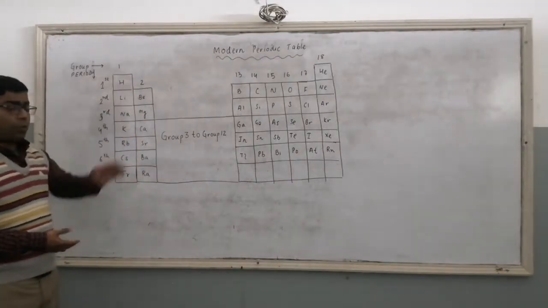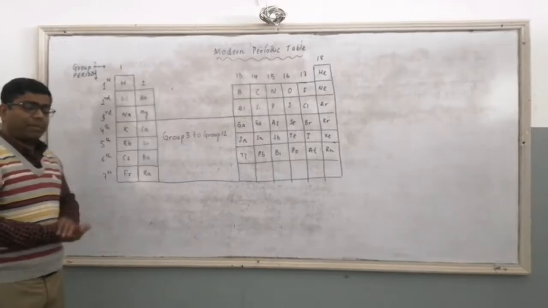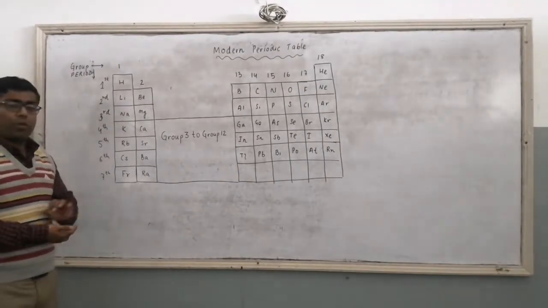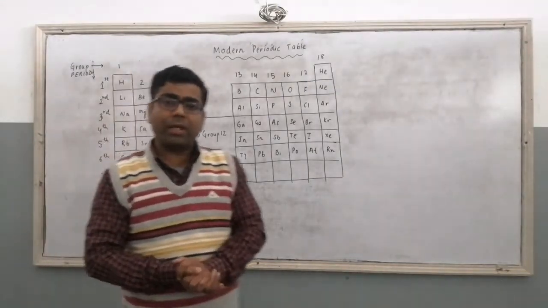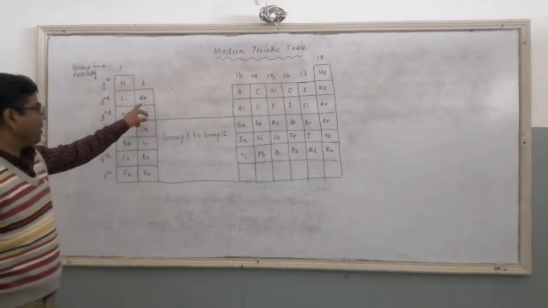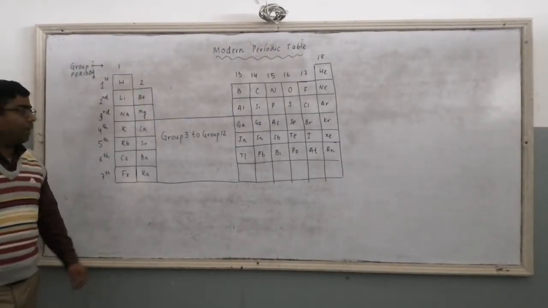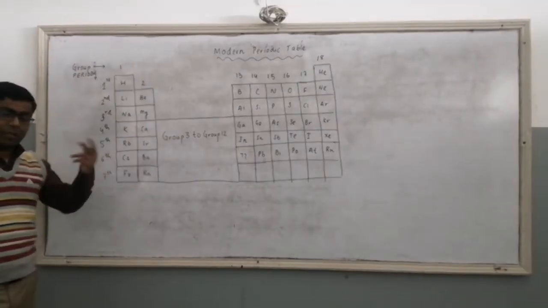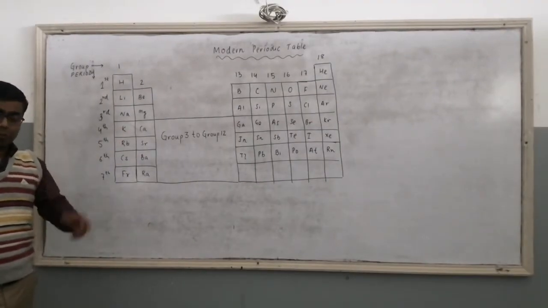If we talk about group 2, beryllium, magnesium, calcium, strontium, barium and radium all belong to group 2. It means the valence shell will contain 2 electrons. Beryllium is a member of the second period and group number 2. So the valence shell will be the second energy level, and in the second energy level, we will have 2 electrons.